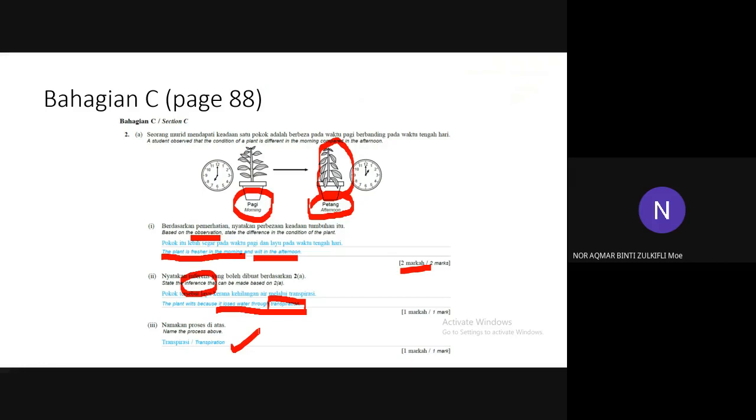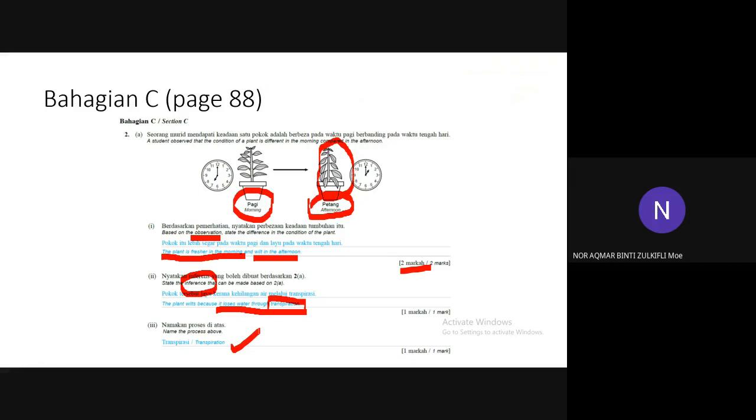I think that's all for today's lesson. I hope you can understand. If you have any problem, you can WhatsApp me or call me anytime. And remember your homework. There are 2 homeworks. The first one is the lab report on the effect of physical activity on pulse rate, and the last one is the lab report on transpiration based on a factor.